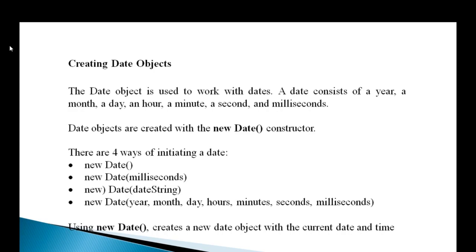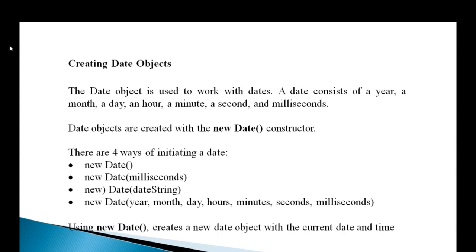To create a date, we use four ways. First one is new Date(), next one is new Date(milliseconds), next one is new Date(dateString), and the last one is new Date(year, month, day, hours, minutes, seconds, milliseconds).